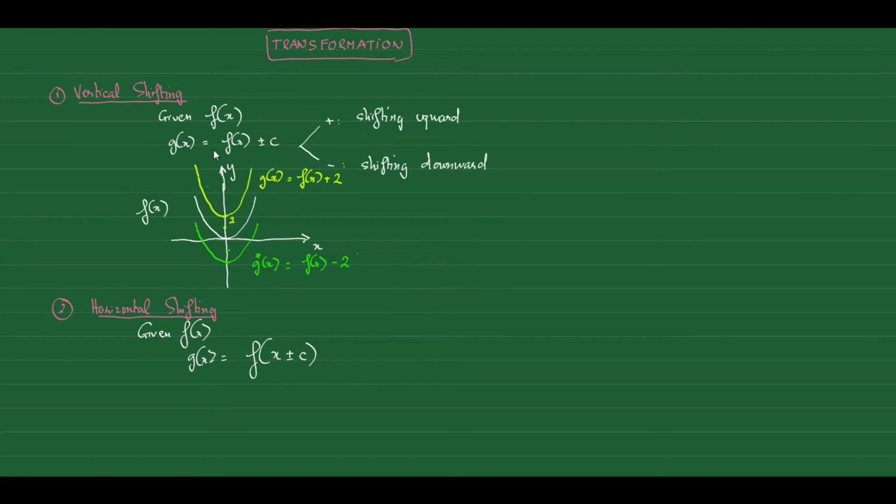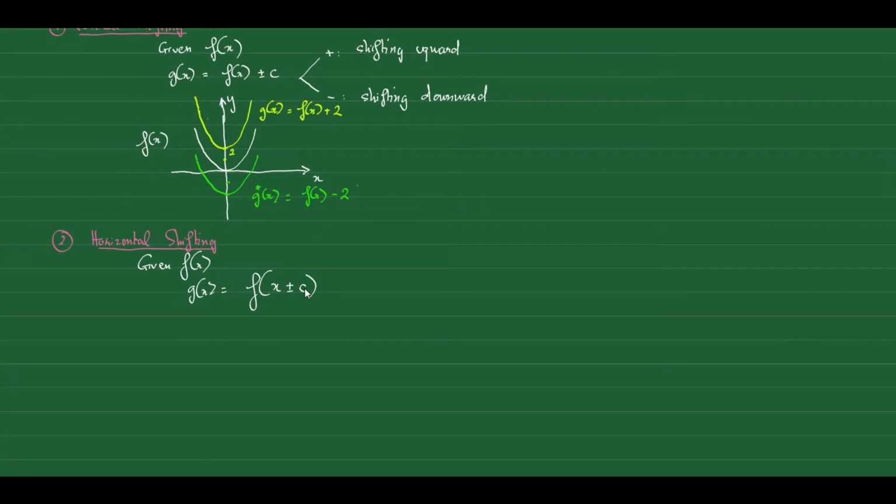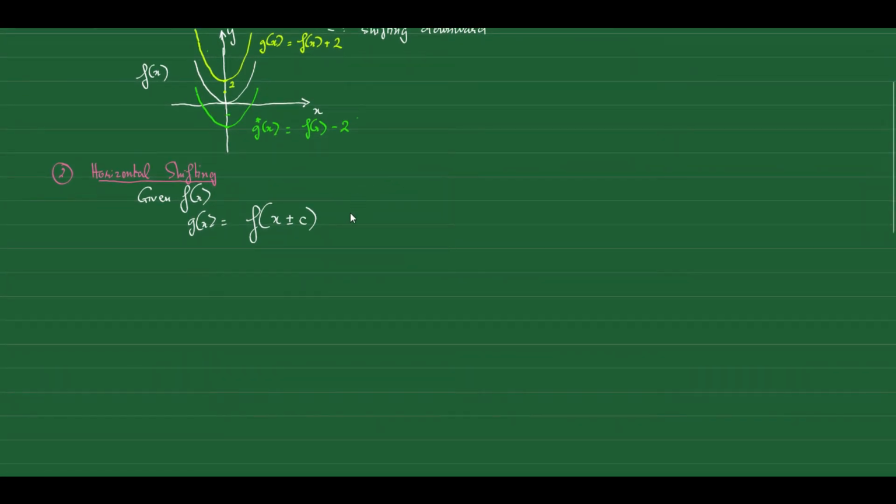The difference is that in vertical shifting you add or subtract c units from the original function outside the argument, but this one is inside the argument. Another difference is that if it's plus c, we're moving leftward. So most of the time you will think that plus is moving right, but actually it's moving left, and minus is moving rightward.